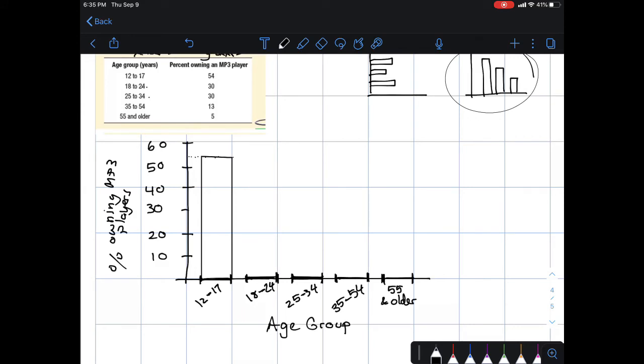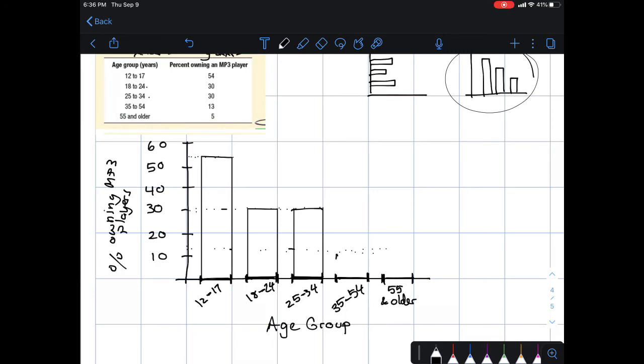The second bar, 18 to 24-year-olds are 30. 30 is kind of like right there. And notice the next one is also 30, so I'm just going to keep going like this until it gives me a visual of where to stop, and that, and one more, and that, and that. All right, 35 to 54s are 13. 15 is right in the middle, so 13 is a little less than right in the middle, right?